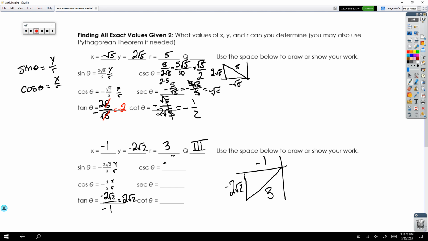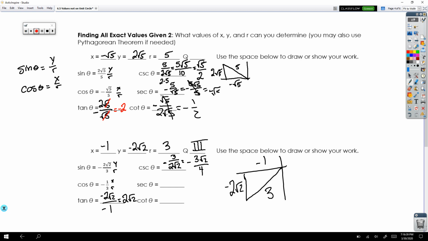Negative 3 over 2 root 2. Multiply top and bottom by the square root of 2. So we have the negative, the 3 is still up there, root 2, all over 2 times the square root of 4. So that's 2 times 2, which leaves me with 4. Check your numbers on the outside. I have 3 on top and 4 on the bottom. Doesn't simplify, so that one is done.